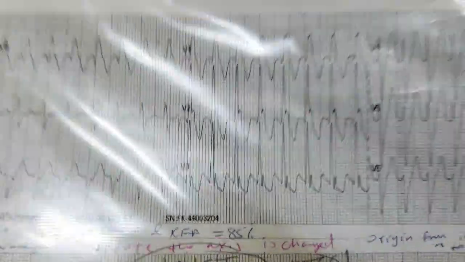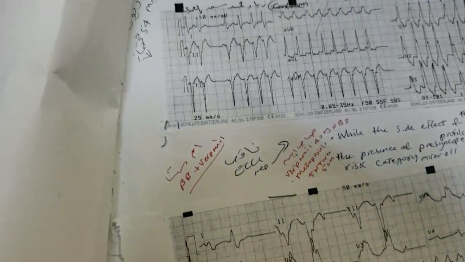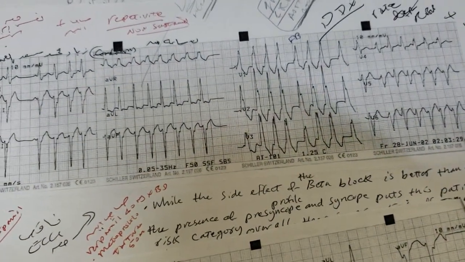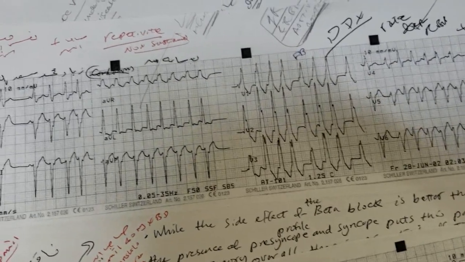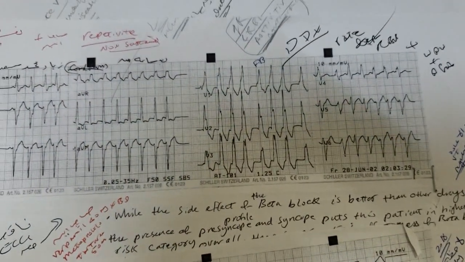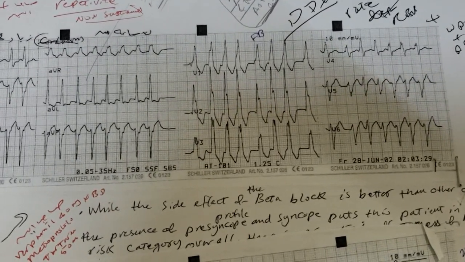Yes, look here. This type of VTAC is initiated near the septum, so it is narrow. It is called fascicular VTAC, idiopathic left ventricular tachycardia. Thank you for your kind attention and kind listening.